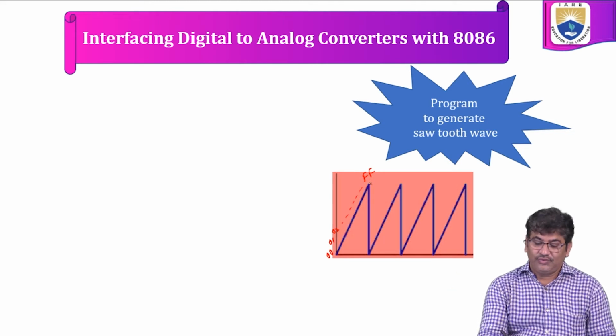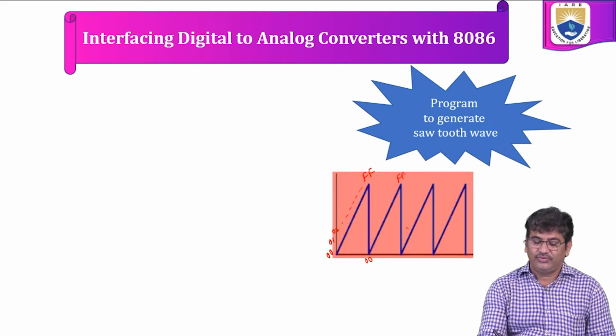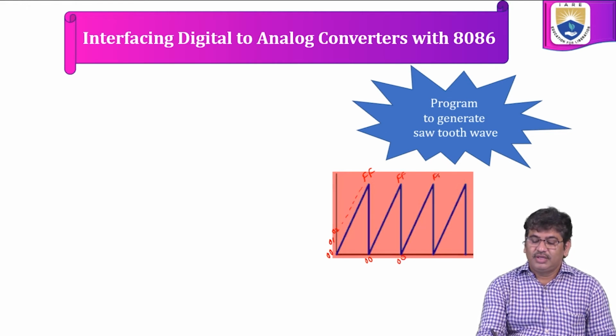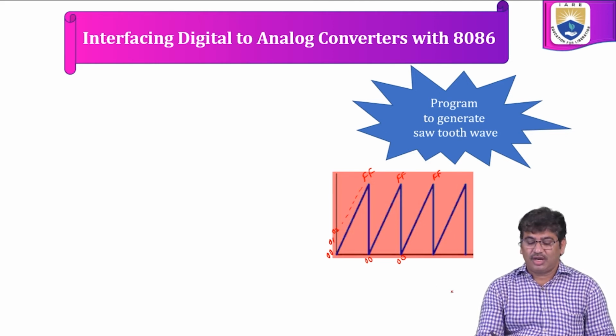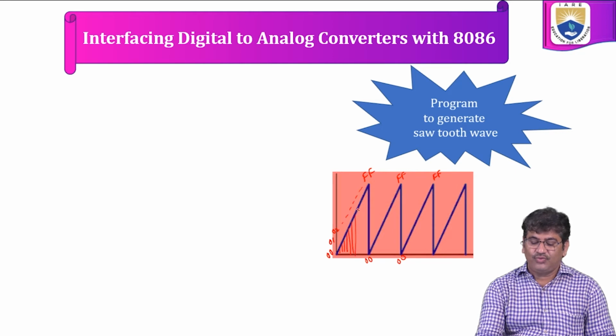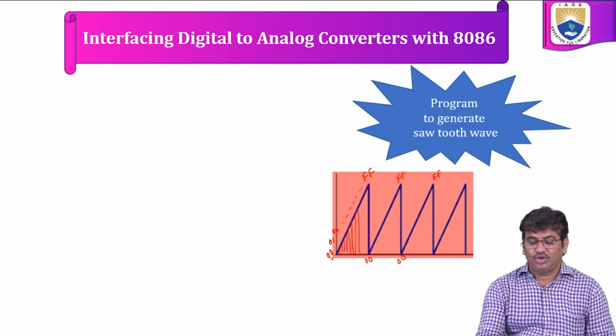Once it reaches FF, again it starts from 00 to FF, 00 to FF. As we required a delay program in the square wave, here a delay program is not required, because at each and every instant we are going to pass some value to port A.